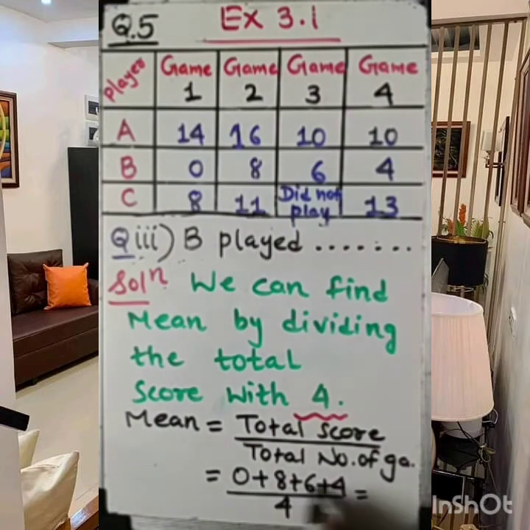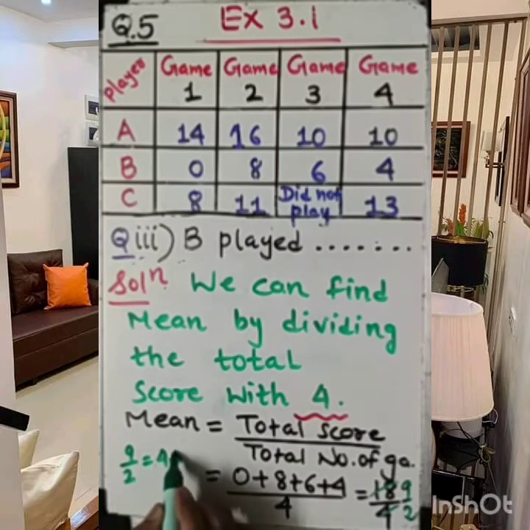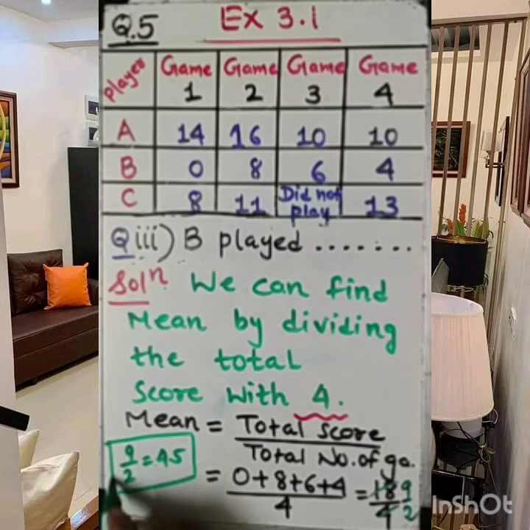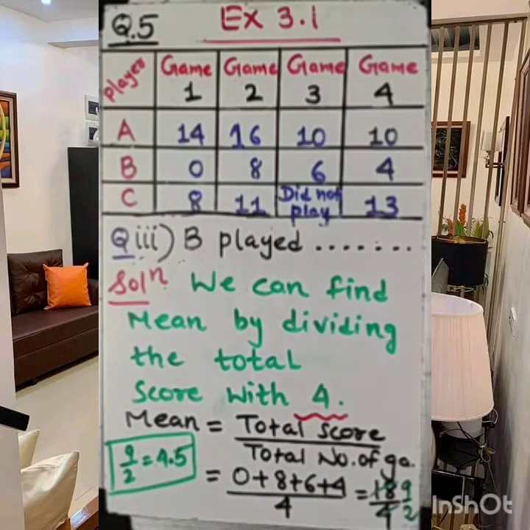The sum is 18, and 18 divided by 4 can be simplified and written as 9 by 2. Agree? 9 by 2 can be written as 4.5 in decimal form, half of 9 is 4.5. So the mean of the given data is 4.5. That is the solution for question 3.